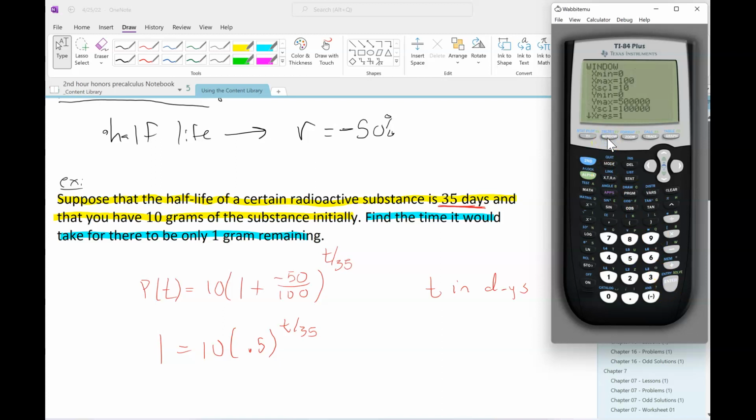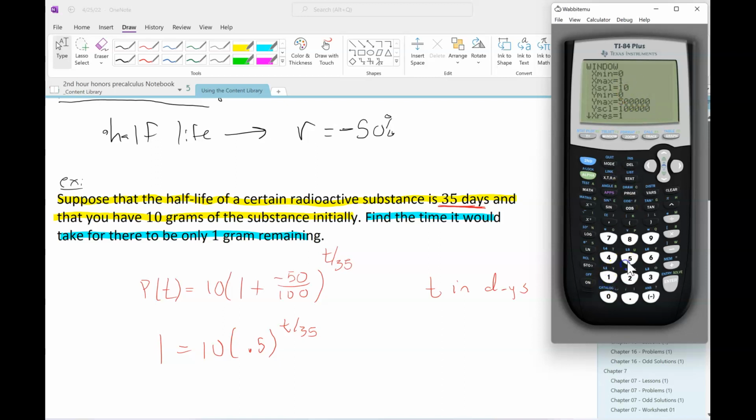And then set our window. Usually this is the trickiest piece. If I think about this, after 35 days I have 5 grams, then at 70 days it's 2.5, and then at 105 days it's like 1 1/4. So it's going to be more than 100, right? And then after 1 1/4, another 35 days gets me to 140, and it'll be less than 1.